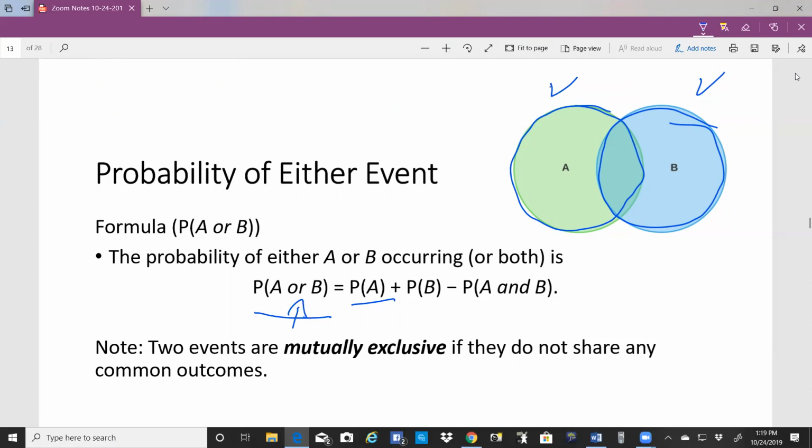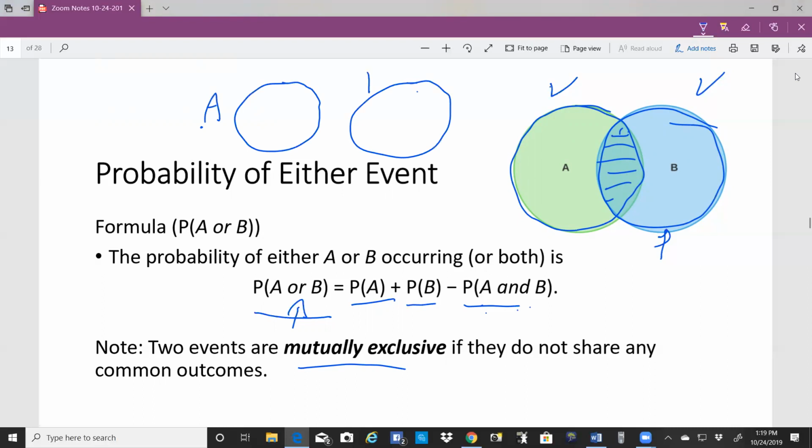I'm not colorblind. And you need to subtract off. Notice when we added those two, we double counted this. So we need to subtract off the overlap, which is the probability of A and B occurring. Now they're mutually exclusive if they do not share any common outcomes. So if you had event A and event B that didn't overlap, they're mutually exclusive.